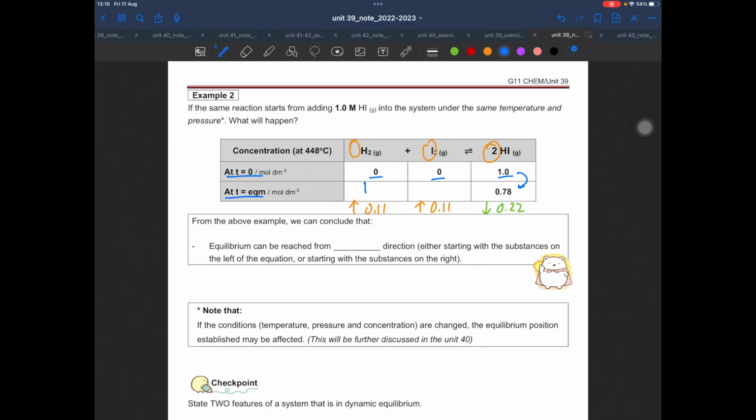So again, you have finished your job. With this idea, you can see the equilibrium can actually be reached from either direction. The final result still comes to the same concentration for every single species.